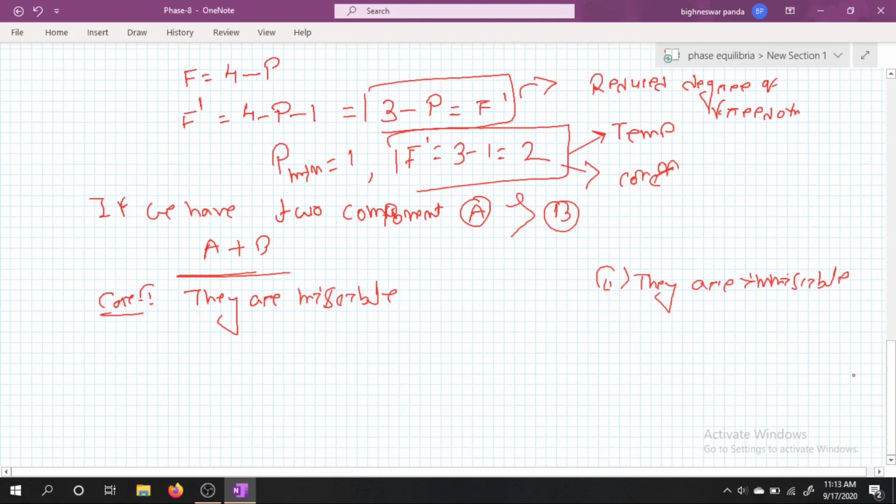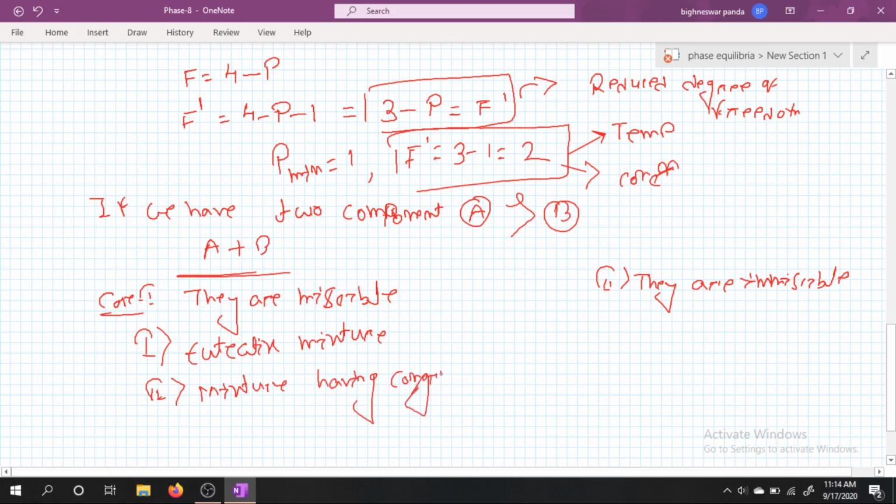If the two components are miscible, then a variety of subcases arise, that is, we have to study the eutectic mixture, having congruent melting point and incongruent melting point. So let's start with the eutectic mixture.